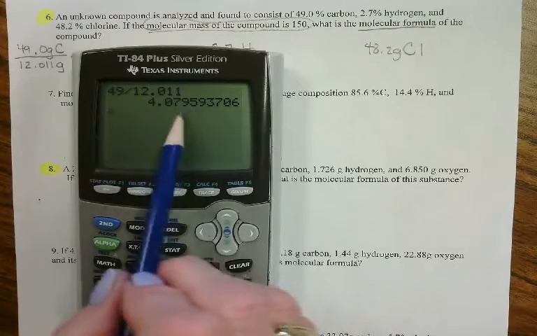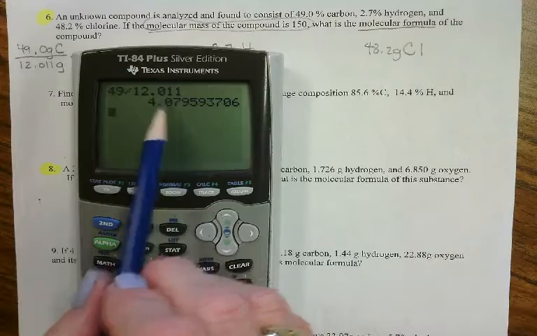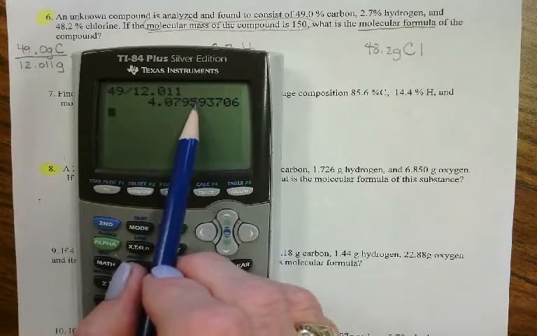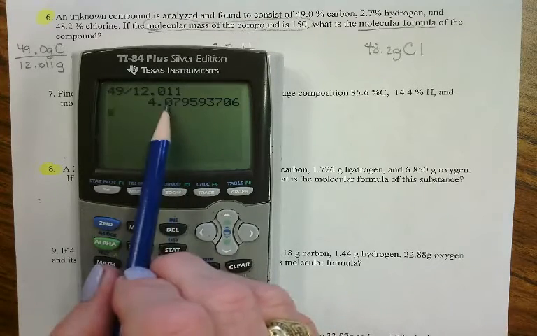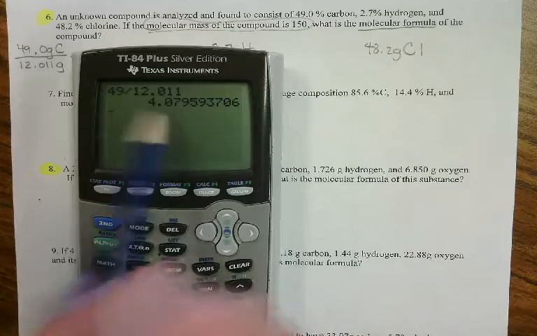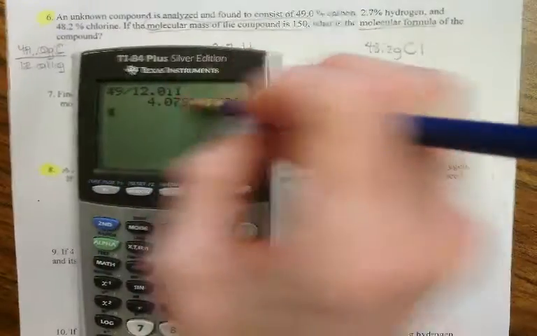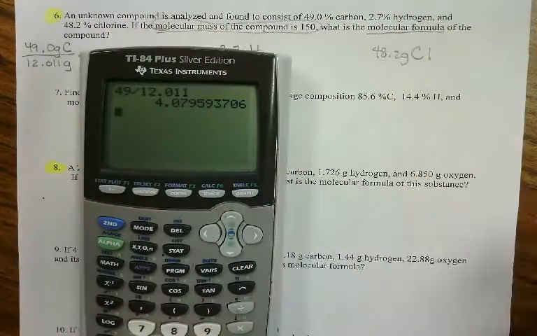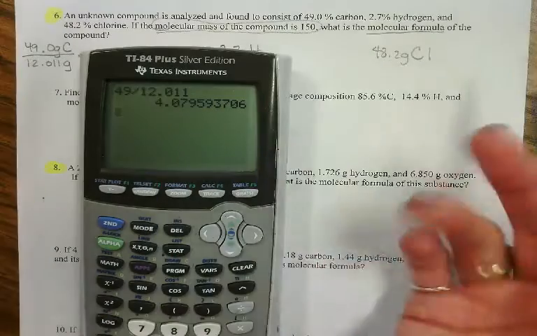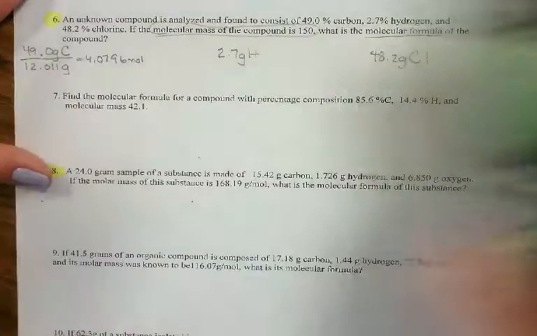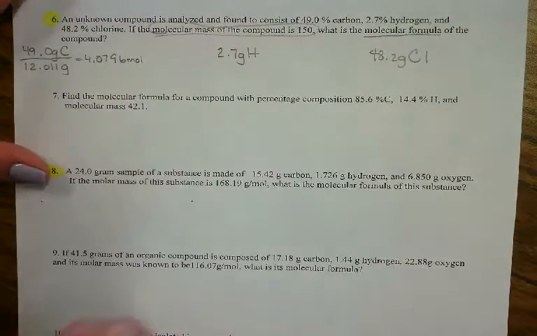And if I started rounding here, if I did 4.0795 and I rounded this, that would be 4.08. That cuts off too many digits for my comfort. So I'm going to leave those digits because remember, you don't have to round anything anyway till the end. I could technically take all these digits if I wanted to. I'm not going to. So I'm going 4.0796.